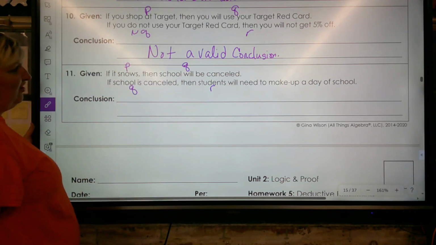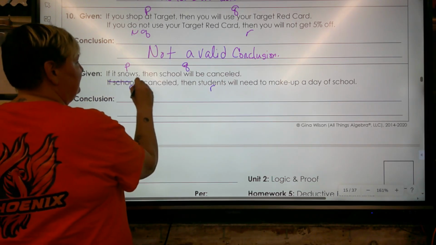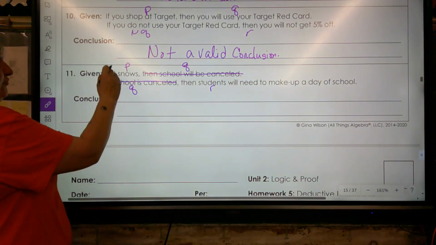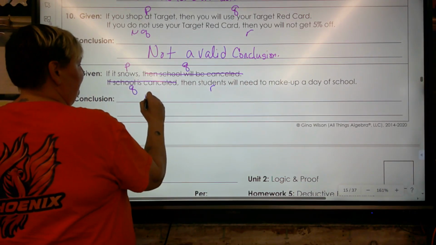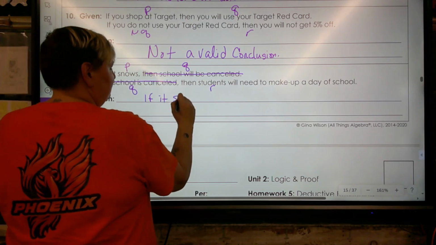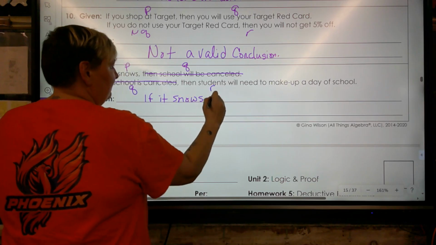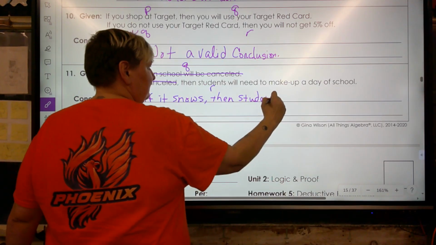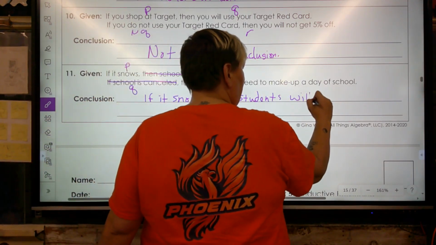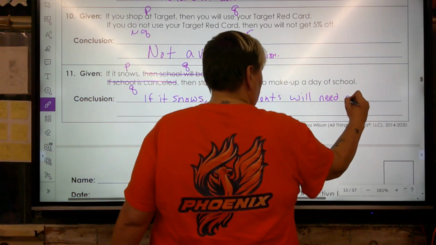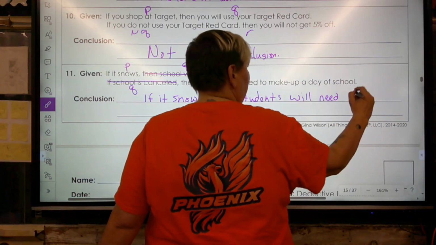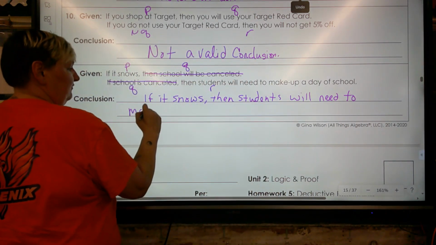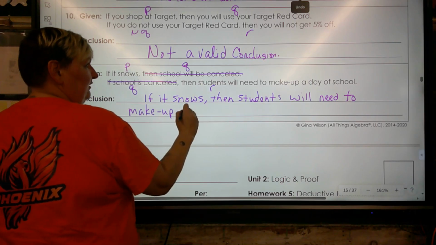P, Q, Q, R. Law of syllogism says you can delete the repeat and go from if P, then R. If it snows, then students will need to make up a day of school.